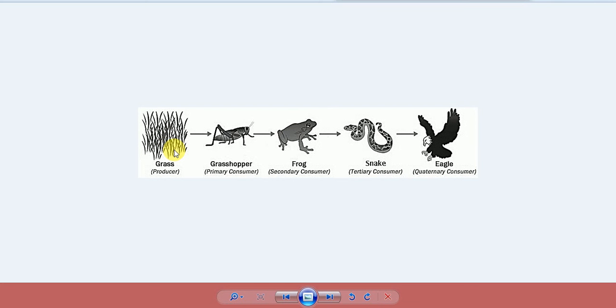Grass, the producer, eaten by grasshopper, that is the primary consumer, then eaten by this frog, that is the secondary consumer, then the frog is eaten by snake, the tertiary consumer, then the snake is eaten by eagle, the quaternary consumer. So this is another example of a food chain.